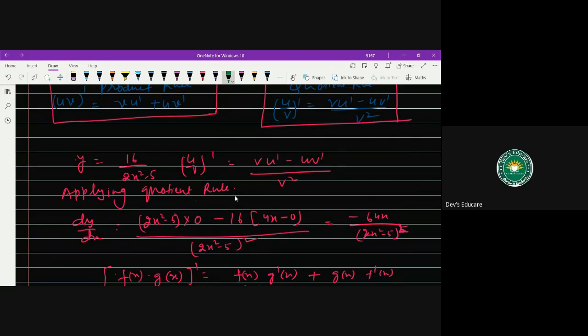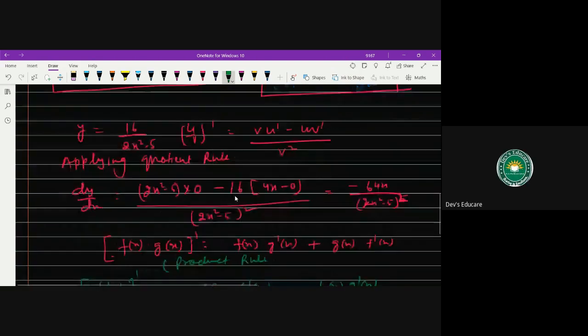I made you understand that in the very first class. Derivative of any constant is 0. Okay, sir. 16 is a constant, so its derivative is 0.